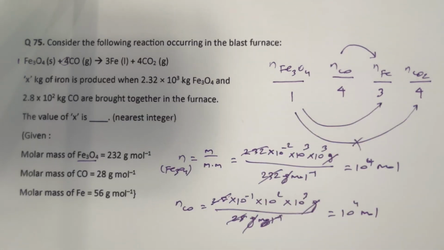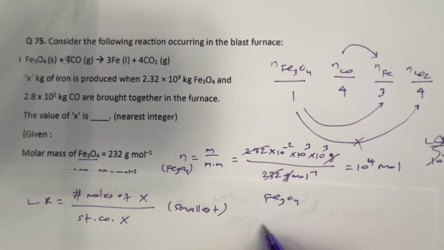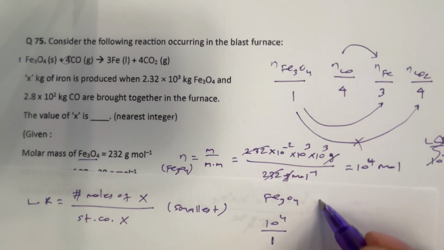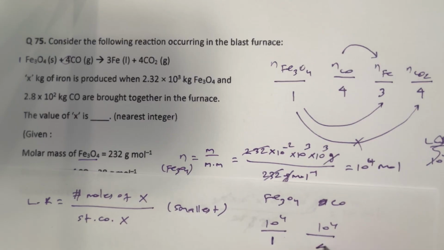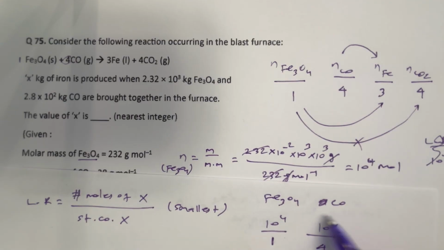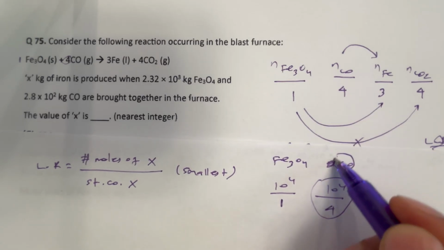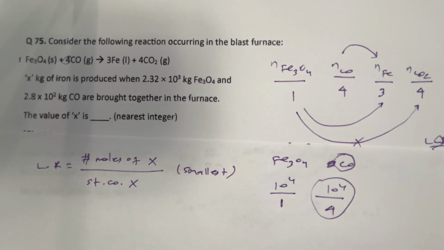For Fe3O4, it is 10 to the power 4 divided by 1, and for CO, it is 10 to the power 4 divided by 4, because the stoichiometric coefficient is 4. Which one will be smallest? Obviously, this will be smallest, and that means CO, the carbon monoxide, is the limiting reagent.